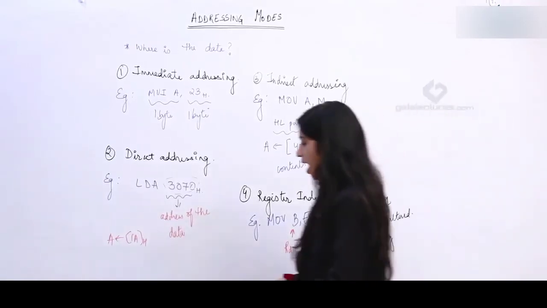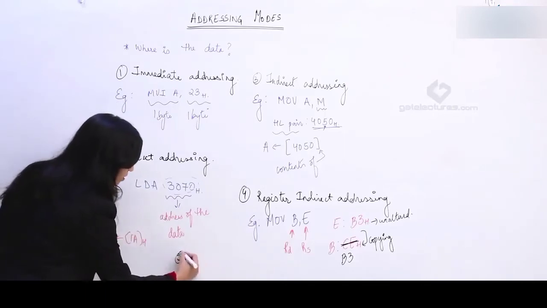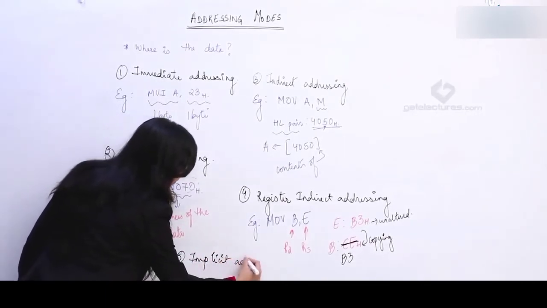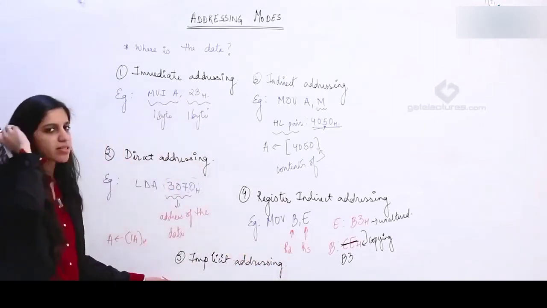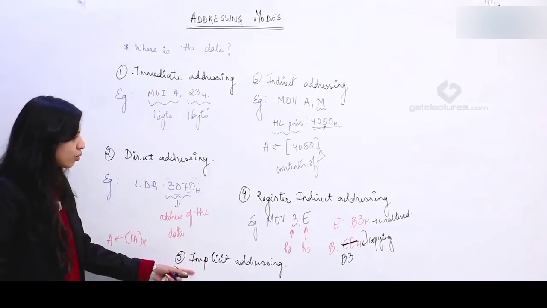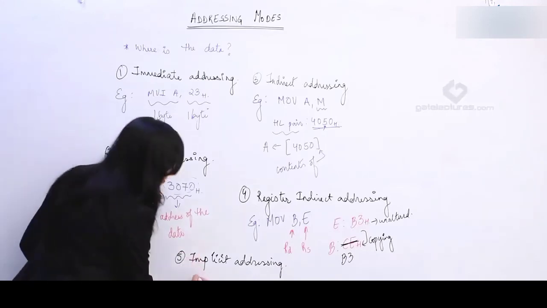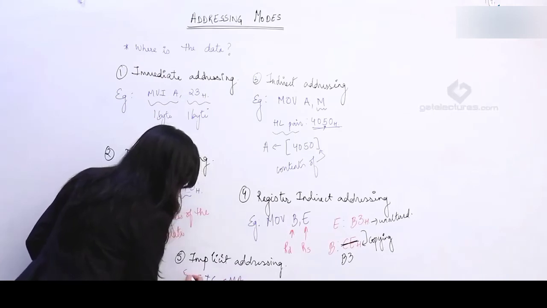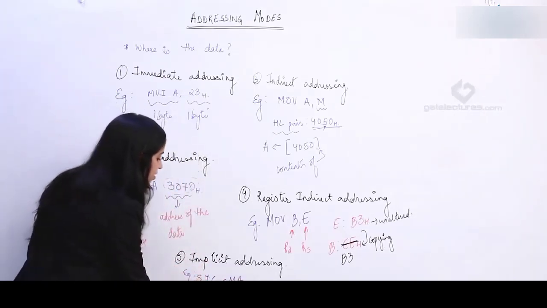Then there is one more, the last addressing mode, which is implicit addressing. In this addressing mode, actually no operand is specified. It has instructions such as STC, CMA, RRC. We are going to learn about them, but for now, what does STC do?